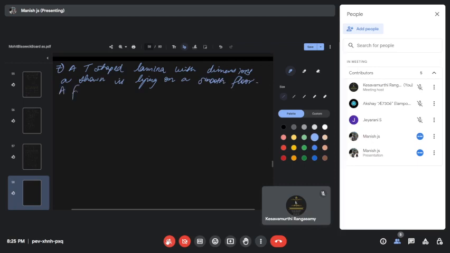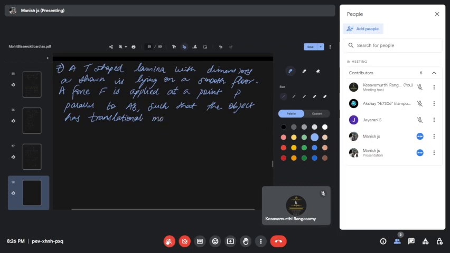Okay, and a force F is applied at a point P parallel to AB, such that the object has translational motion without rotation.